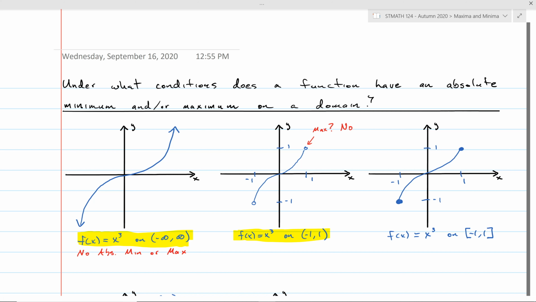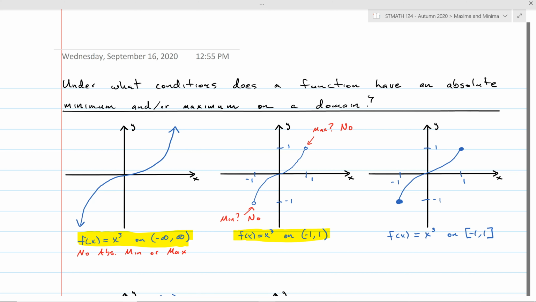So I can't say that that value where that dot is a maximum of the function because it's not a value that the function takes on. And so, same thing on the left-hand side, you might think that's a minimum, but no. So whenever we have open intervals, it causes problems trying to get a maximum because the function gets close to that point but never quite makes it there.